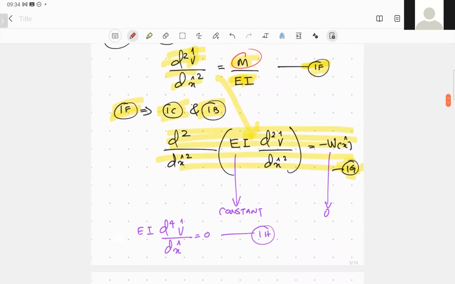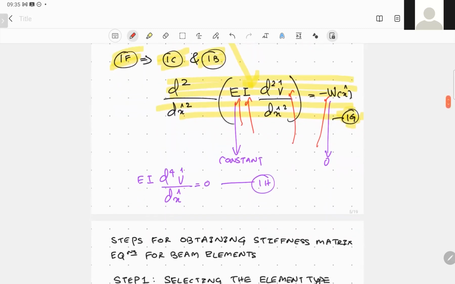It's just substituting equations. After the lecture, you can check on your own how I arrived at this point. So you get a clean equation relating the physical parameters of the beam, the transverse displacements, and the applied normal forces.